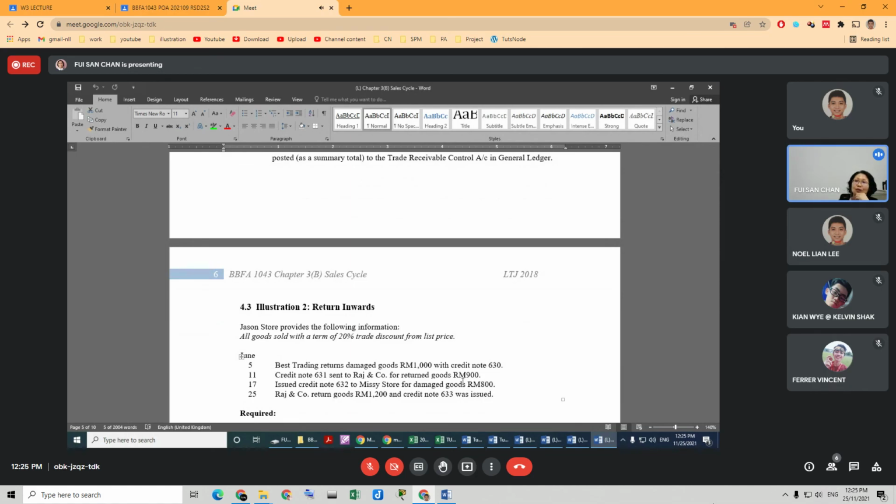When we purchase on credit, we debit purchases, we credit trade payable, meaning we haven't paid yet. But if you have cash purchases, you pay, so you credit cash, then you debit purchases. Whether on credit or on cash, you must debit purchases.